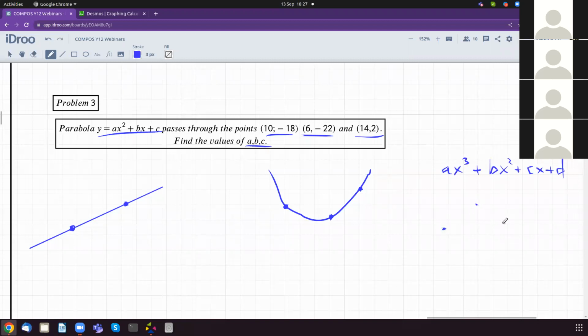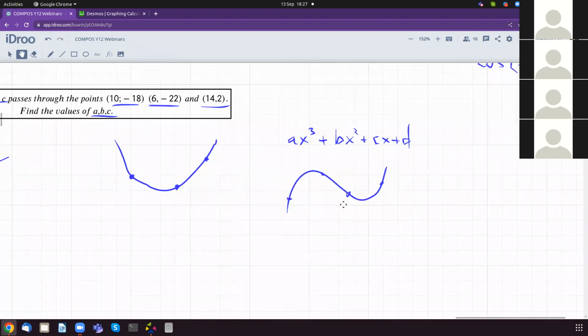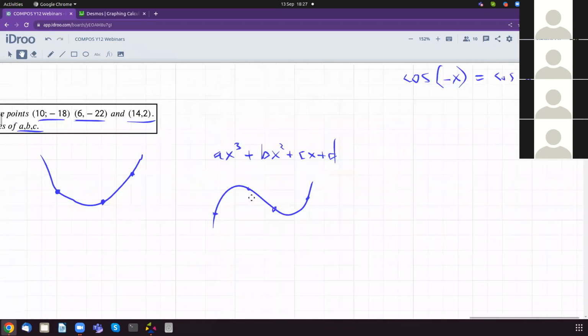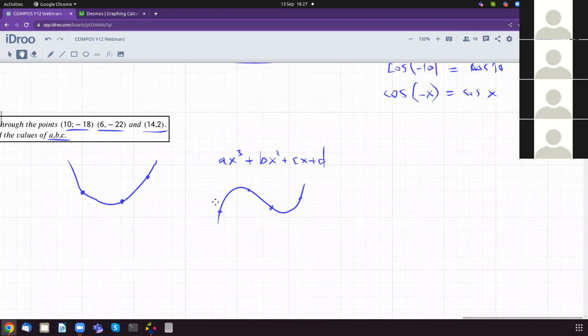And if you have 4 points, there's exactly one cubic expression that goes exactly through the 4 points. Okay. And so on. It works for higher powers as well. So for a polynomial of the 6th power, you need exactly 7 points.